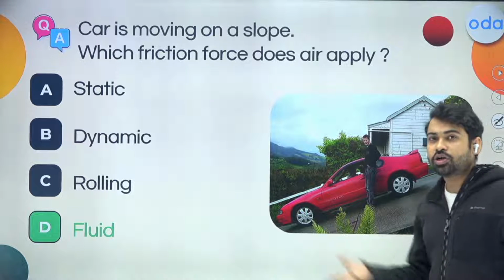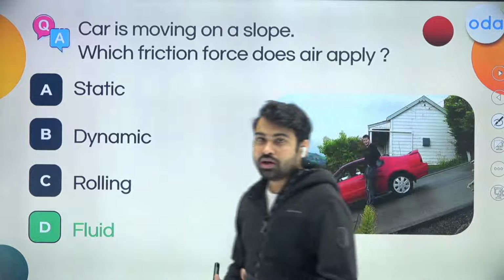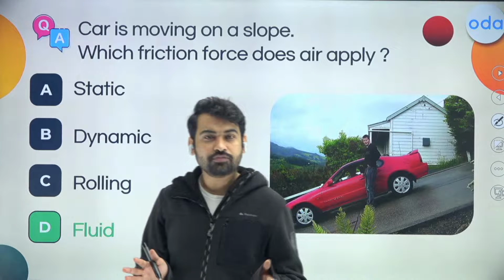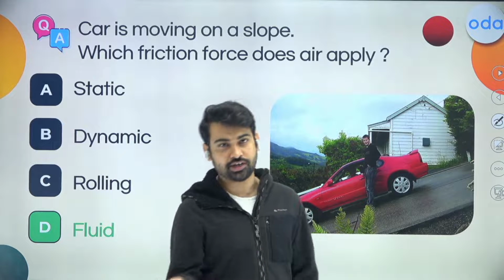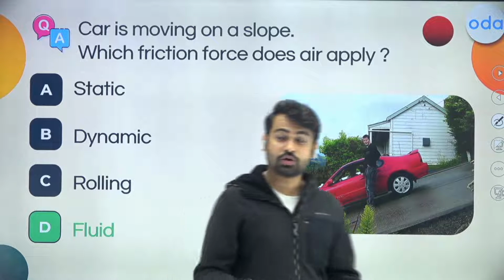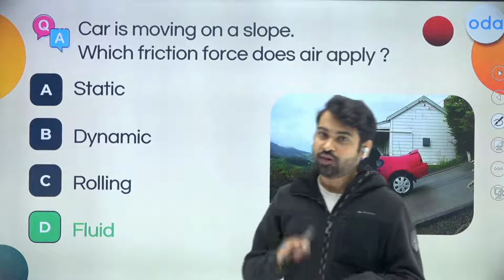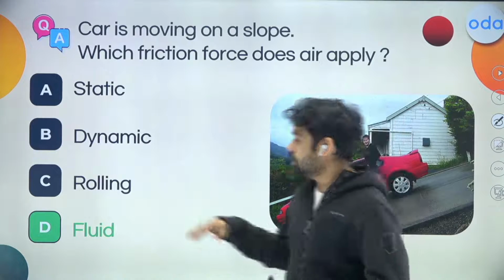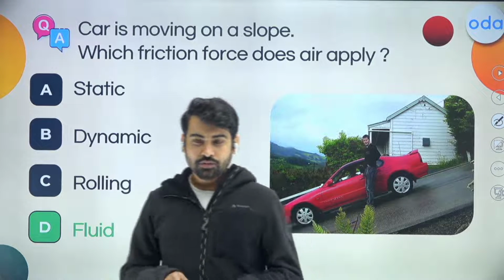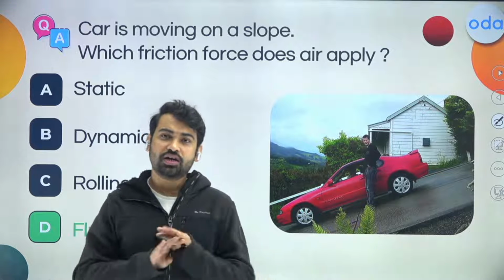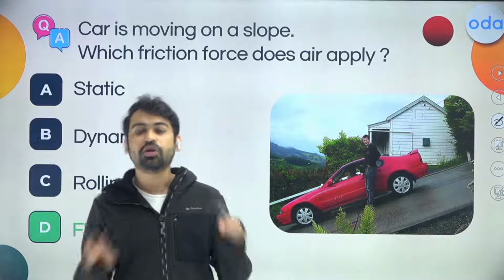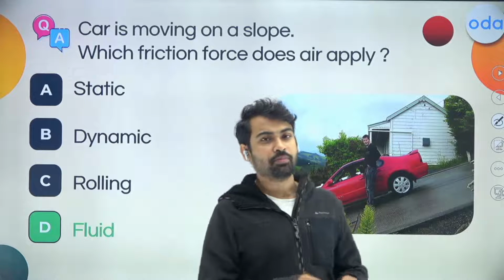Right. So we took an example where static friction might have been there, another case where we had dynamic friction or sliding friction or kinetic friction. Another case where there was rolling friction. And finally, this case where fluid friction is acting. These are the only four types of friction that you need to remember.